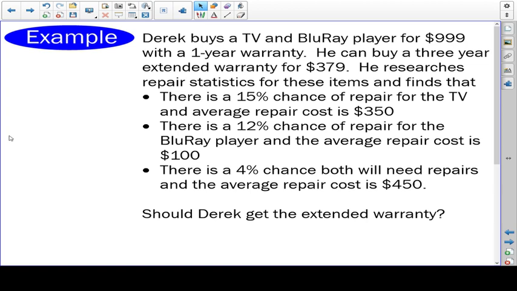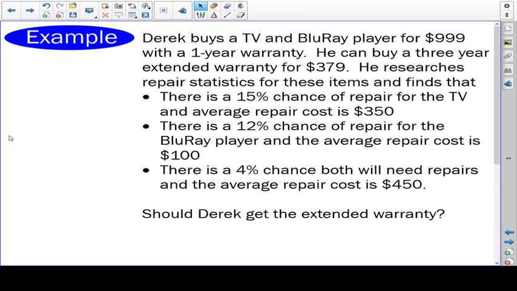There's a 12% chance of repair for the Blu-ray player, and the average repair cost for that's $100. And there's a 4% chance both will need repairs, and the average repair cost is $450. Should Derek get the extended warranty?